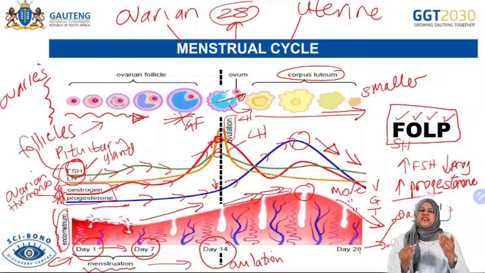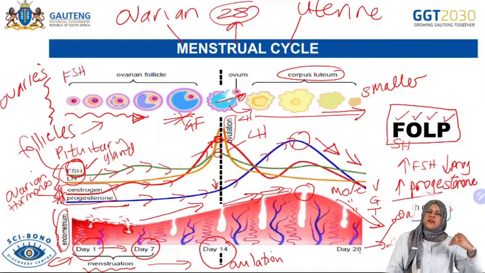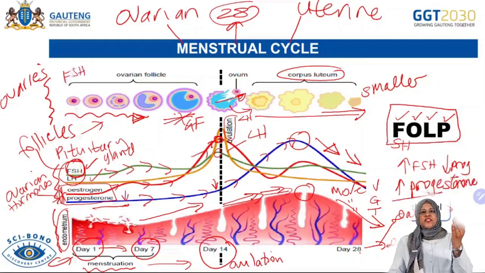So our body saves energy by producing certain hormones at certain times. So you got to say a high amount of progesterone inhibits FSH, and vice versa. A high amount of FSH also inhibits progesterone.